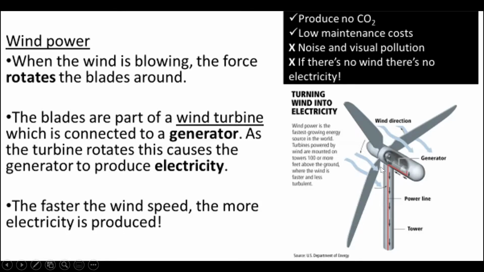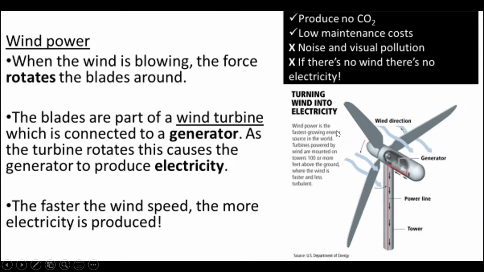When the coil of wire is moved around the magnet, it generates an electric current. So lots of things work with electrical generators. Any relative motion of the magnet or the wire would cause electrical current to flow. The faster it goes, the more electrical current is produced. That's why the faster the wind, the more electricity is produced.